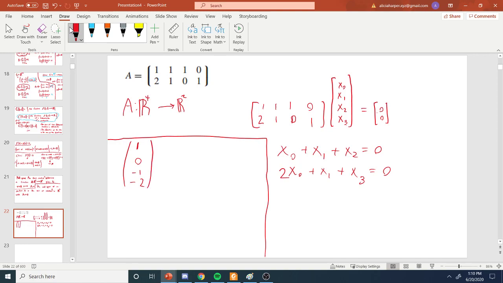You'll note that if we take 1 plus 0 plus -1, this corresponds to the first equation here, we get 0. So this is a vector that's going to be in the null space. And this will also satisfy 2 times 1 plus 0 plus -2 is equal to 0, corresponding to this equation. So since it satisfies both of these equations, it does in fact lie in the null space.